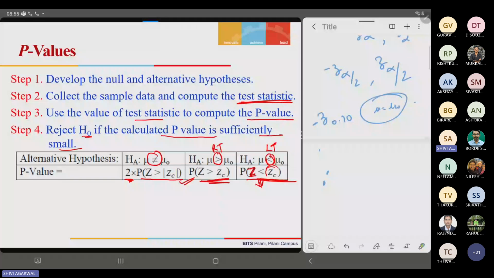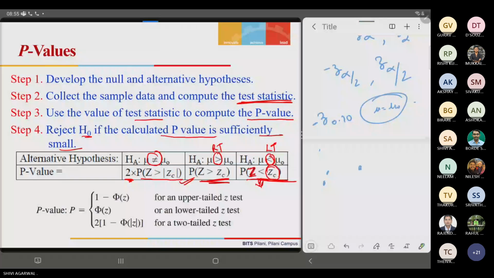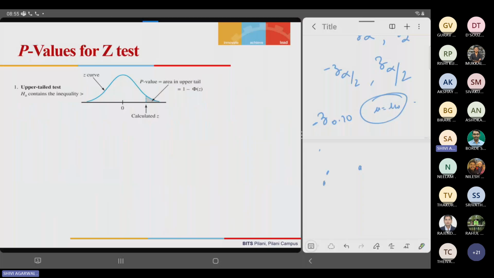So for an upper tail Z test, it is 1 minus phi Z; for the lower tail, that is the left tail, it is phi Z; and for the two tail problem, we take 2 times 1 minus phi Z, which means 2 times the probability when mod of Z is greater than ZC. This is the way to calculate the p-value.